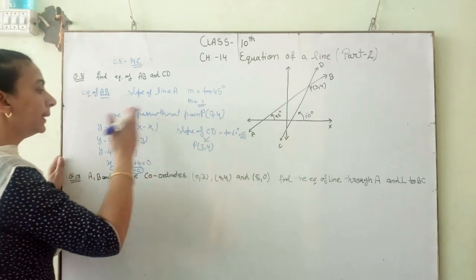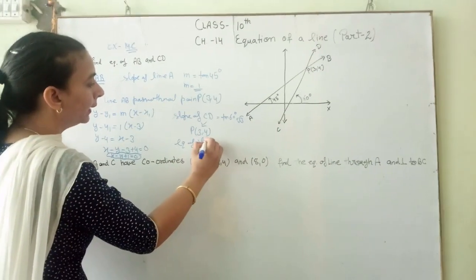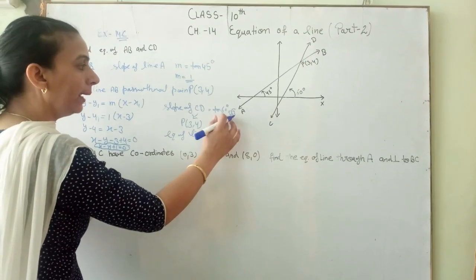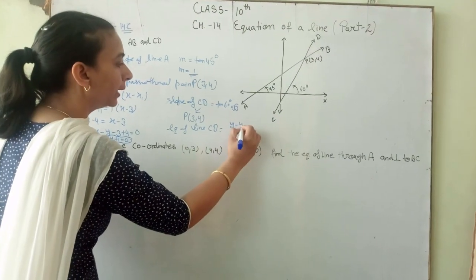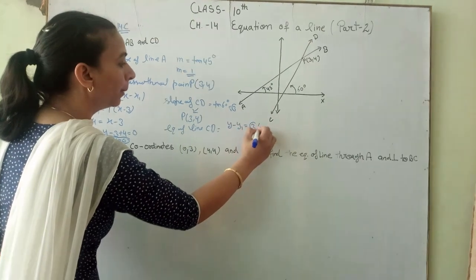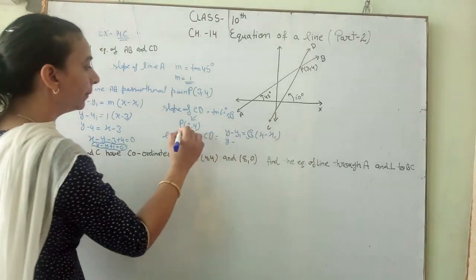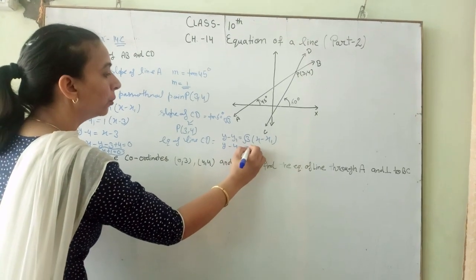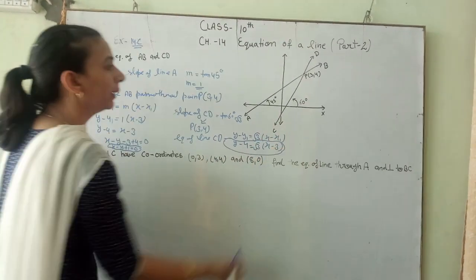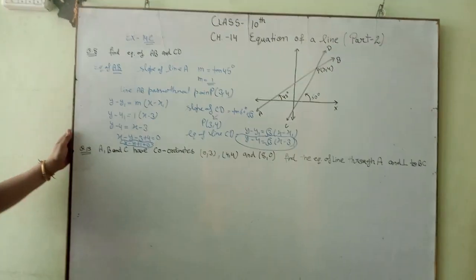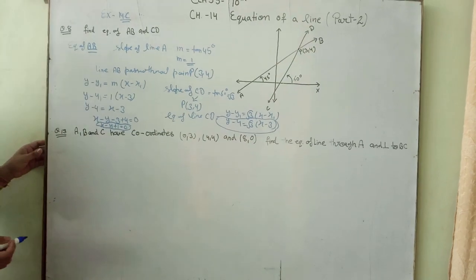Then in the same way we find the equation of line CD by slope and point. Y minus y1, which is 4, equals root 3 times x minus 3. This is our equation of line CD. Clear, students?